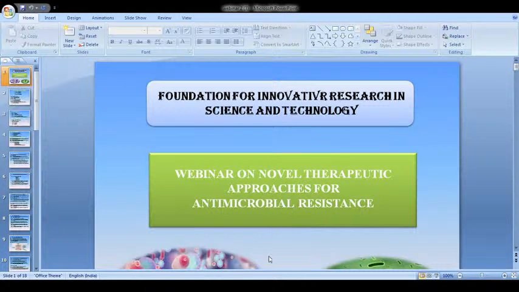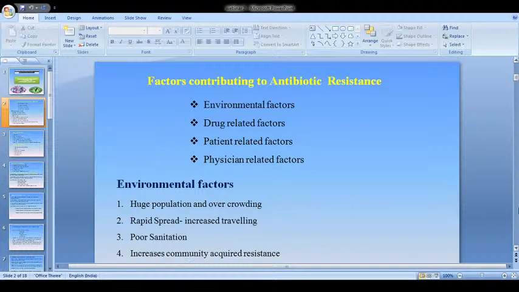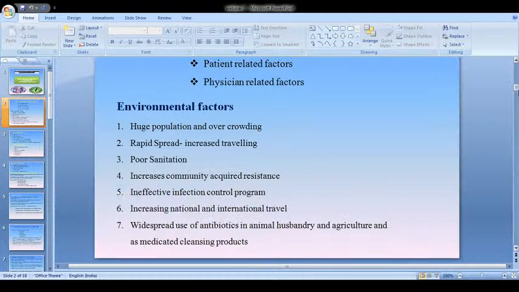When we are traveling, if a human being is affected by a disease and travels from one place to another, that factor also affects antibiotic resistance. Next are poor sanitation, increasing community acquired resistance, and ineffective infection control programs.